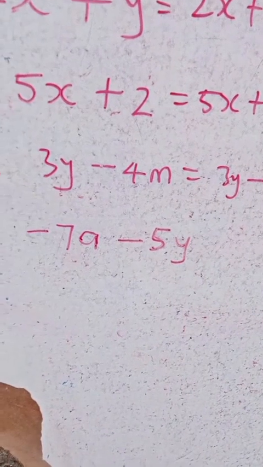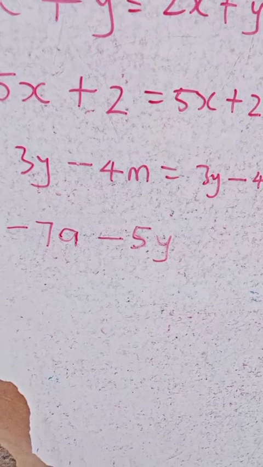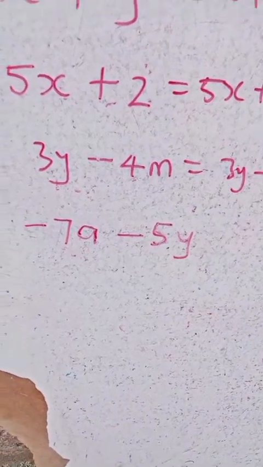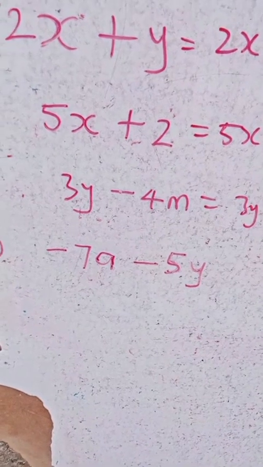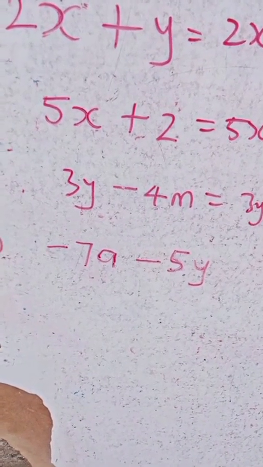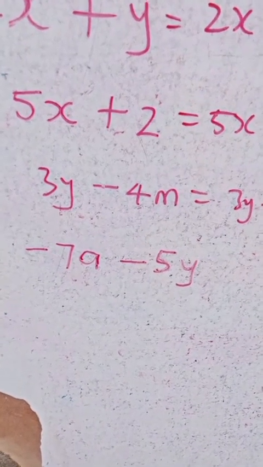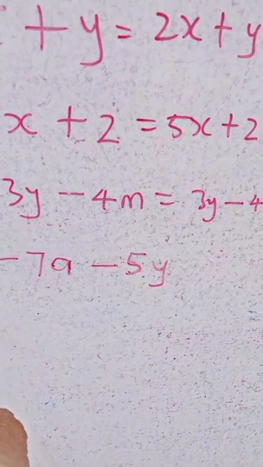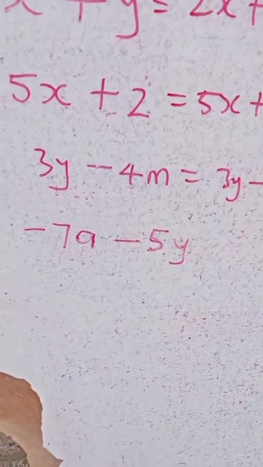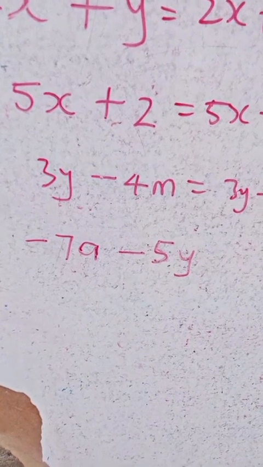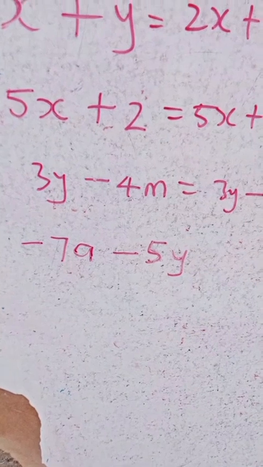Now the last one is minus 7a minus 5y. In our previous class, we talked about addition and subtraction of directed numbers, where if the number is with a minus, you assume that you are owing, and if a number is with plus, you assume that it is your own. But this time we are talking about algebra, alphabets with numbers.